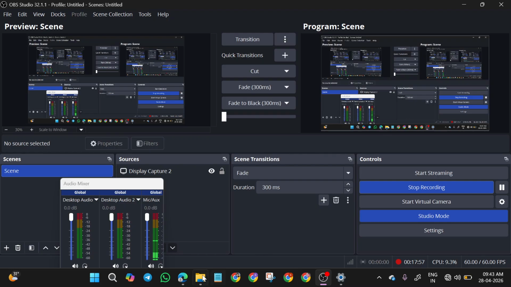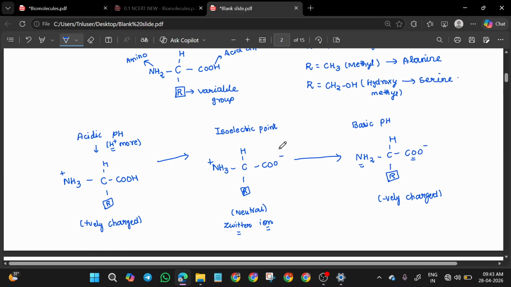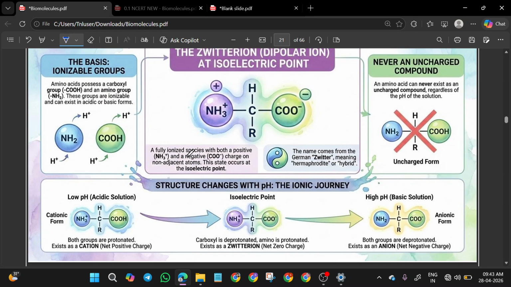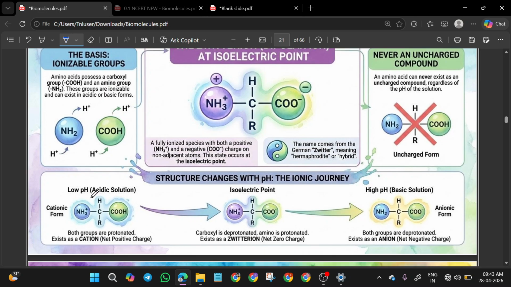So this is about the Zwitter ion that we have to know. Whenever we place it in a low pH, it is present in cationic form, that is, in acidic solution. As we keep on increasing the pH, at one point the carboxyl is deprotonated, meaning H is removed, and the amino is protonated, meaning H is added, and it exists as a Zwitter ion.